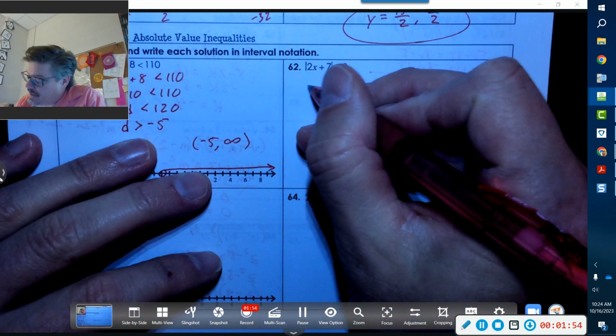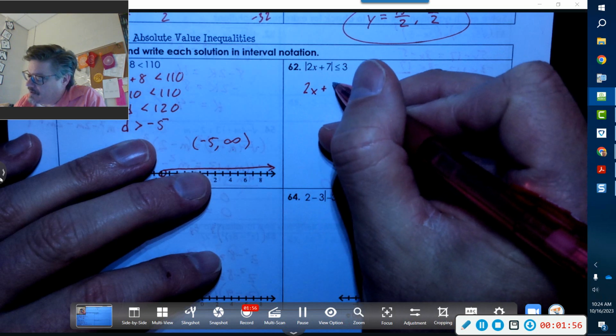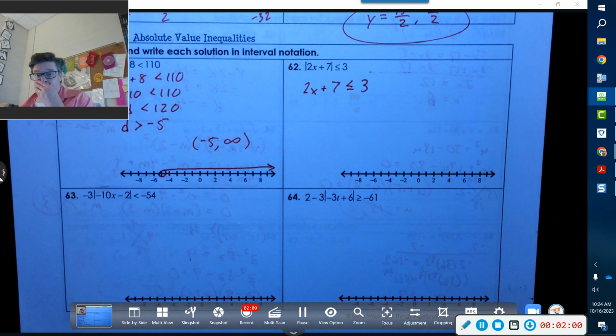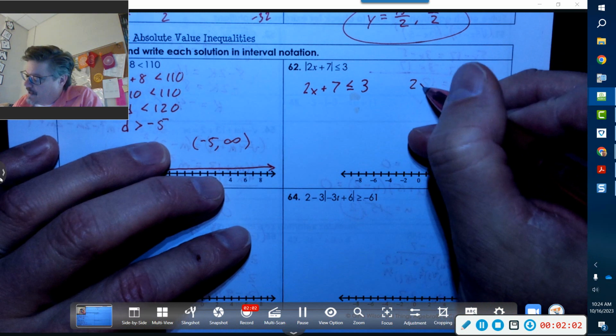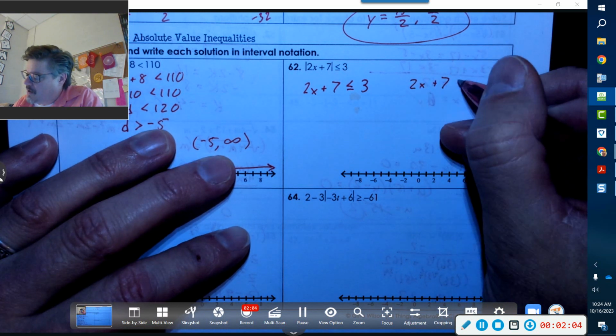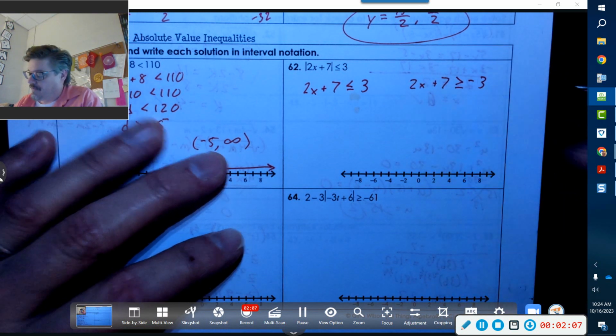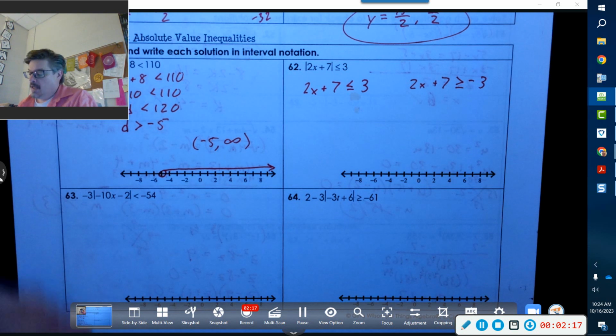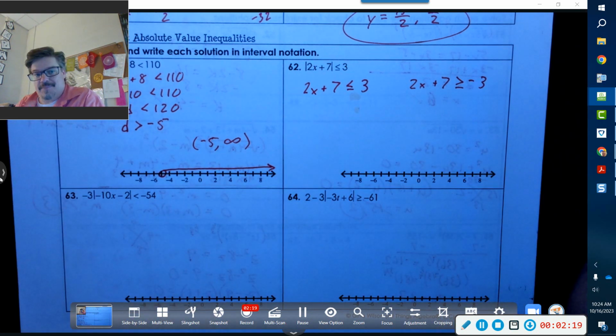So it's going to be 2x plus 7 less than something, and then 2x plus 7 greater than or equal to negative 3, right? So I have to reorient myself the other way. These guys have to overlap. One's going to go to the left, the other one will go to the right, and they'll basically sandwich each other. So that's got to happen. If it doesn't happen, something's up.